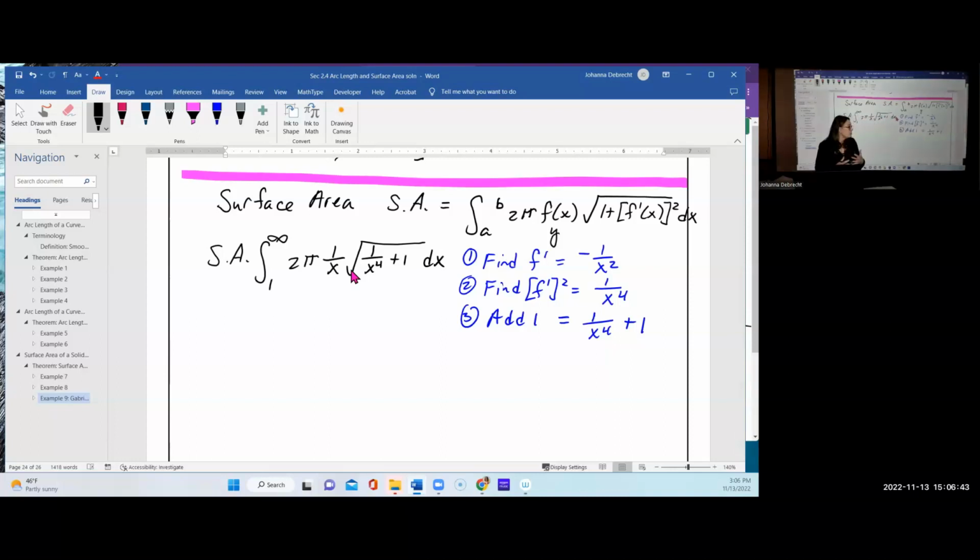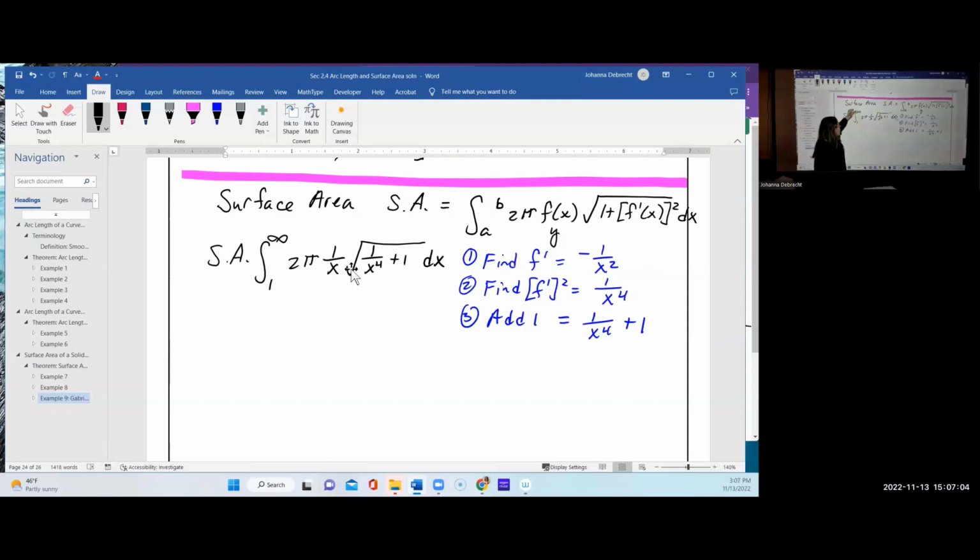Now, this is an improper integral because of the infinity, so I'm going to have to deal with that. And I need to get all my x's into one location. So I'm going to take this 1 over x, and I'm going to slide it into the radical. Now, 1 over x is not under the radical yet. So to get it under the radical, I first have to square it.